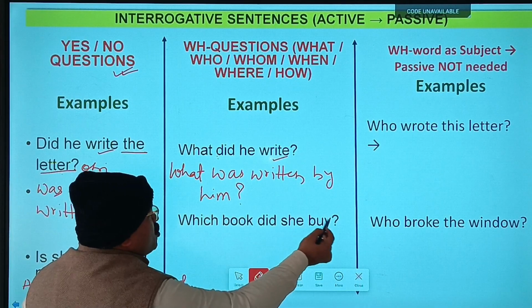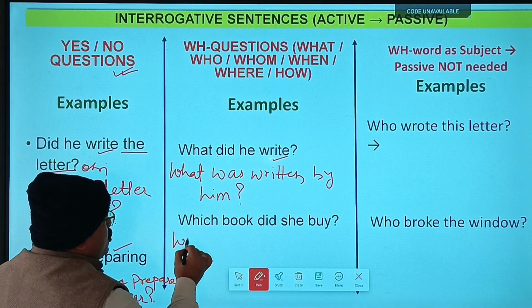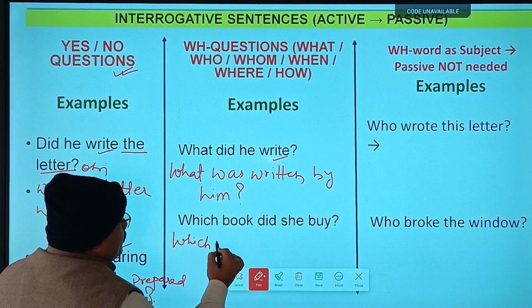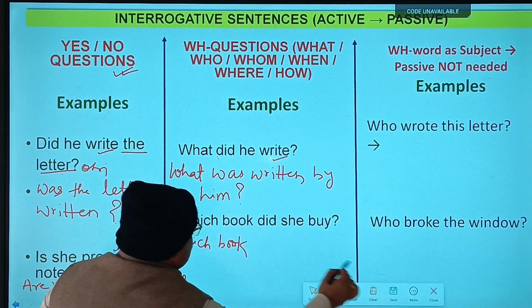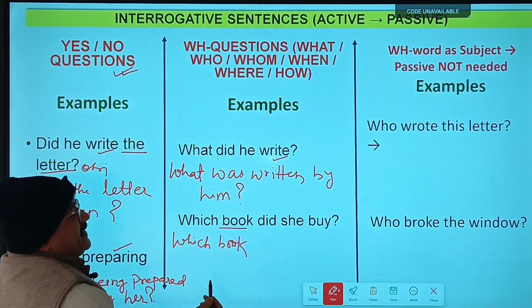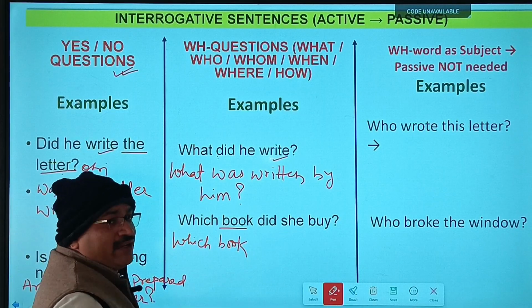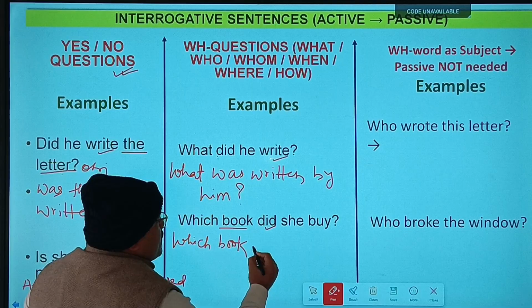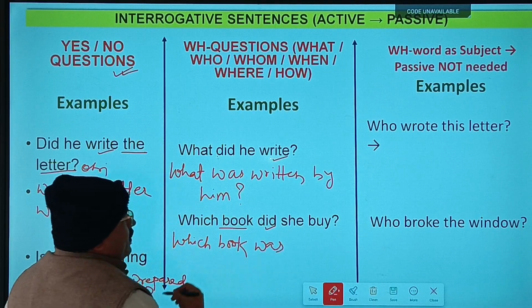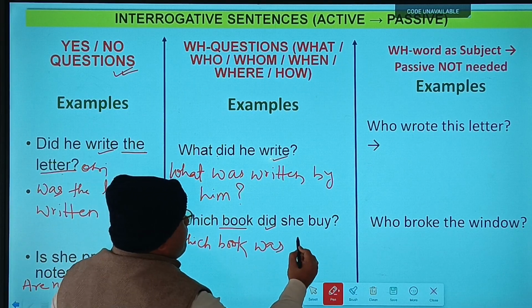Which book did she buy? So which book? Okay, which book? Book is what? Object here, because she is buying, so she is the subject, so book is the object. Which book? Simple past, so was, were. Which book was bought?